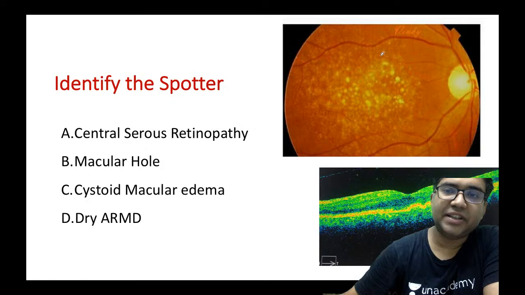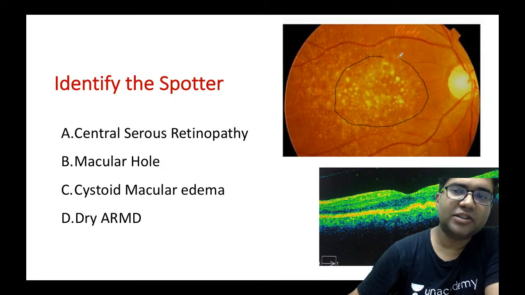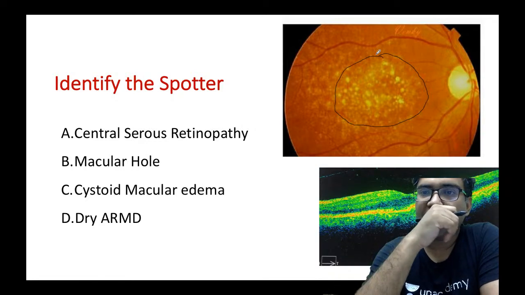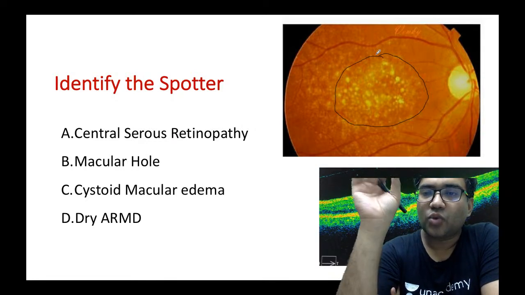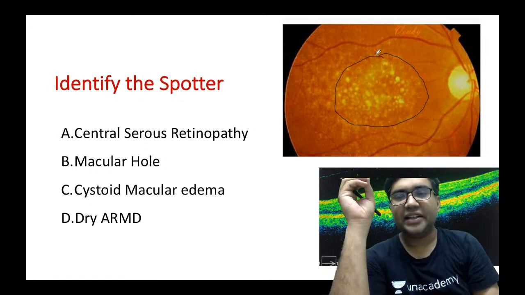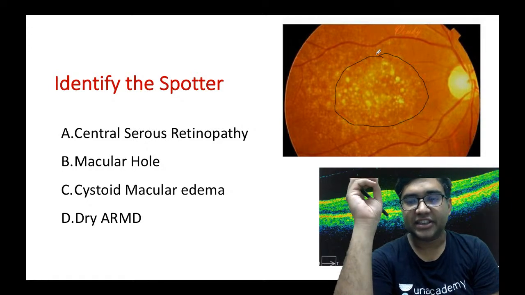These yellowish spots are in this region only. Otherwise, your retina seems to be normal. So what is this? This is a dry age-related macular degeneration.